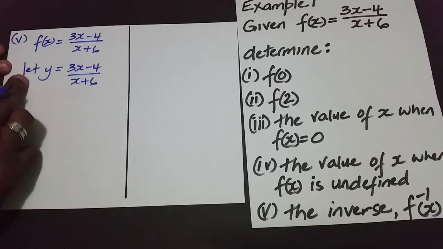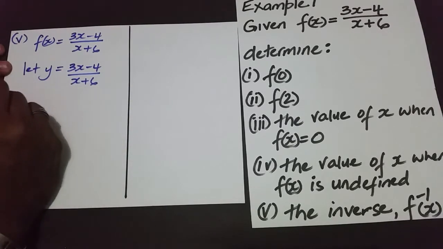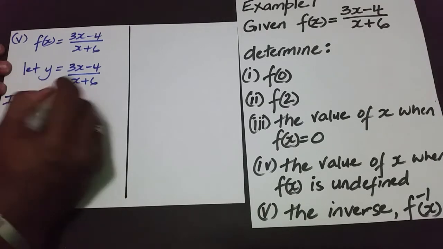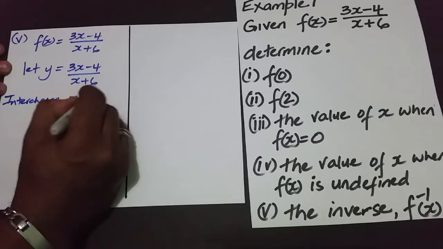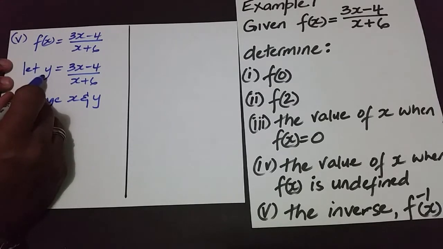So our first step is to let y equal the function itself. Then our third step is to interchange x and y. And that simply means to switch the positions of x and y. So wherever x is, we're going to put y, and wherever y is, we're going to put x.